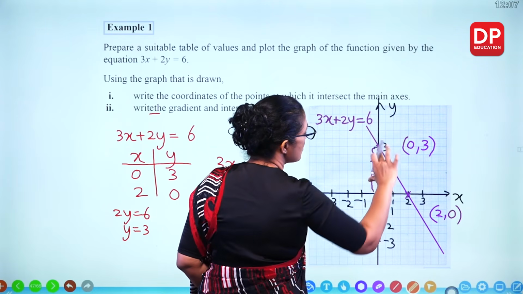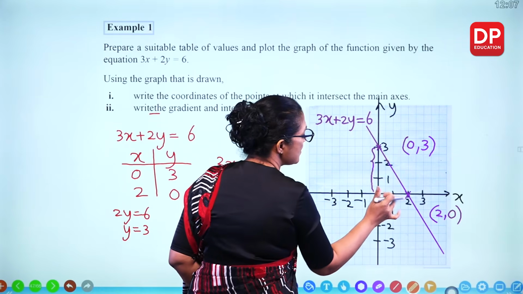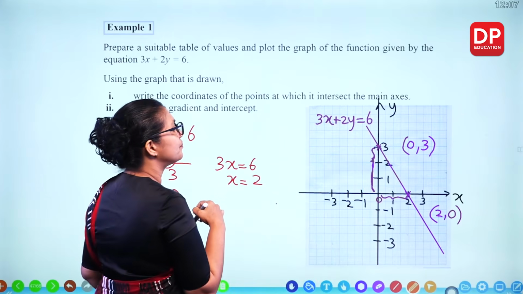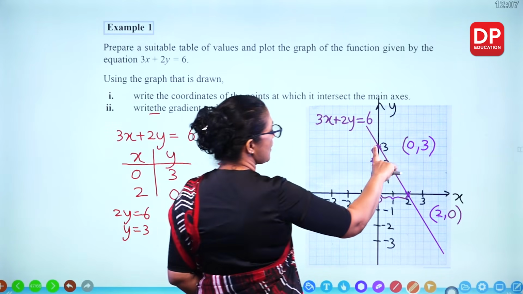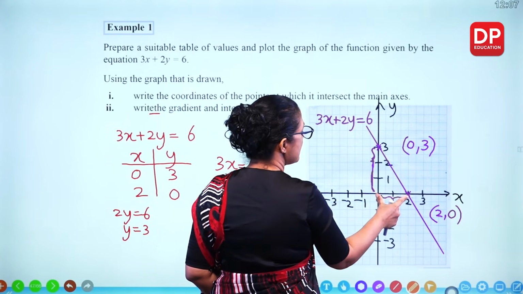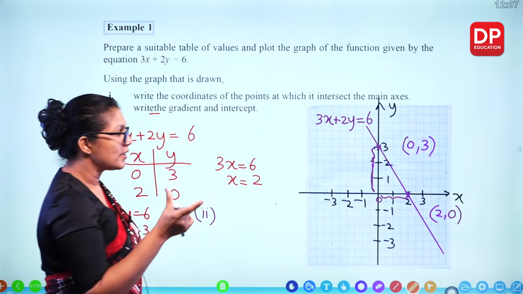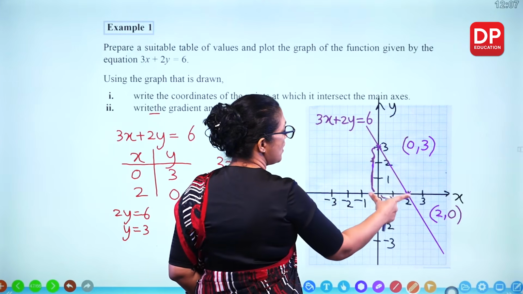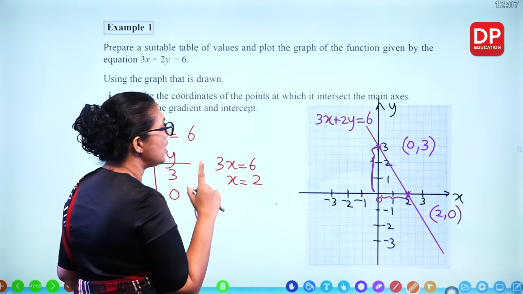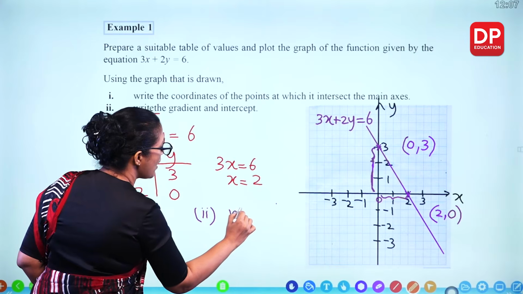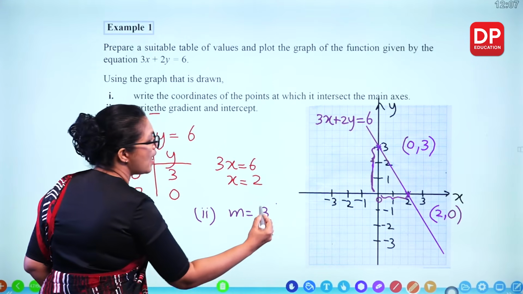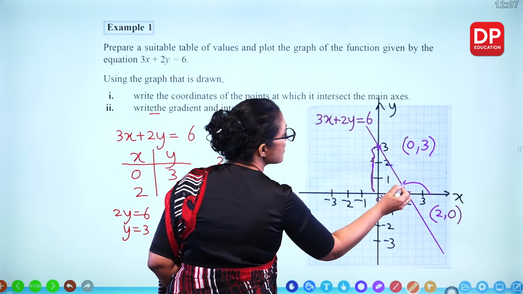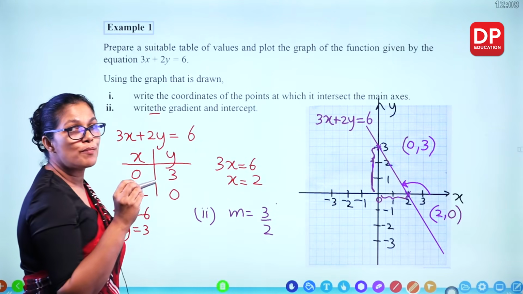We can take this point with these 2 points difference here. This one and this one. So this is 3 and this is 2. So what's the ratio between y to x? 3 over 2. So m is 3 over 2, but this is negative because with the x axis it makes an obtuse angle.